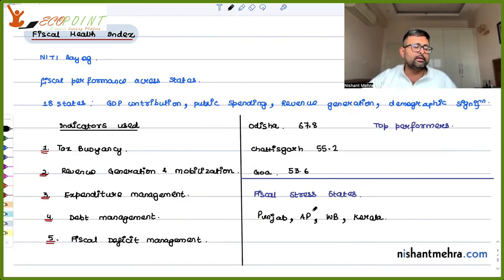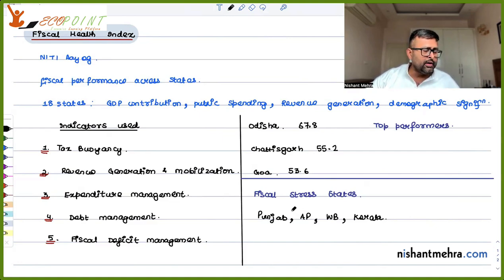So in these cases, what is going to happen? That their debt is very high, and they are not making much capital expenditure, and they have huge fiscal deficit, very high fiscal deficit, right? So particularly debt to GDP ratio of Punjab and West Bengal are very high. So that is going to threaten fiscal sustainability also, right?